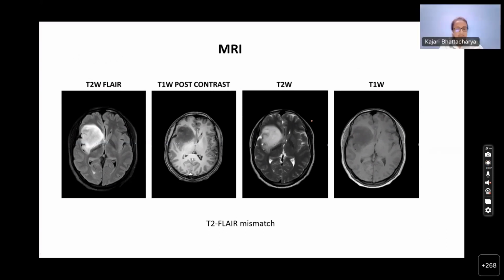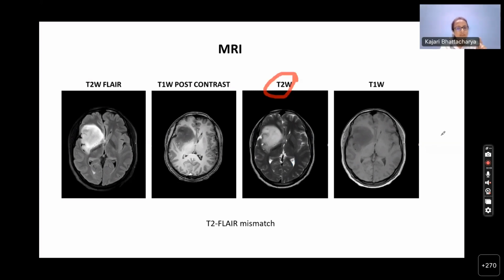Kajri, you can request for annotation from Dr. Vani. Yes, yes, I will annotate, as she's telling. Yes, ma'am, I have got that annotation control. So I'll start now. Yeah, sure.